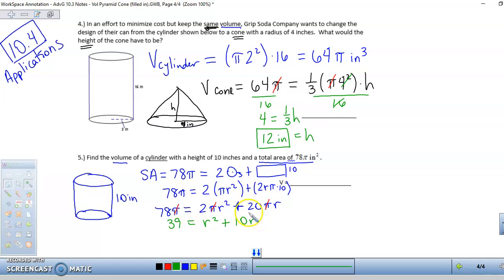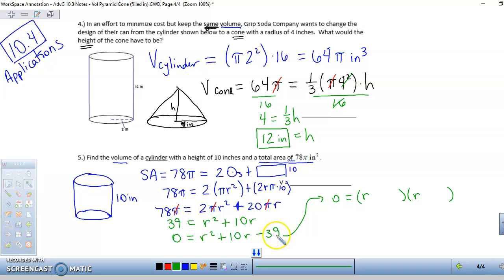But this is a quadratic, so I am going to give you a minute to pause and solve the quadratic. Okay, welcome back. So you should move over that 39 to start. And then I'll start moving this over here. But you factor. So r, r.